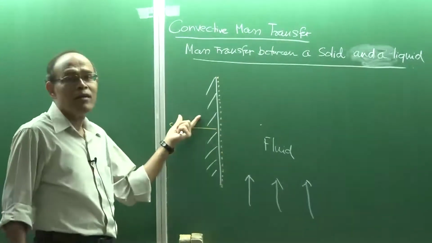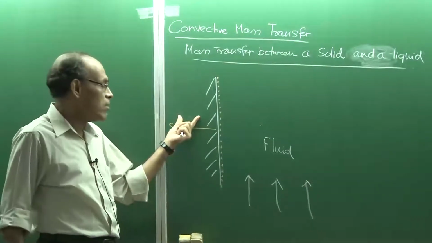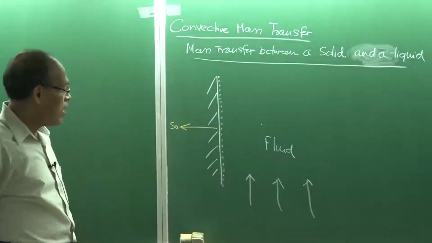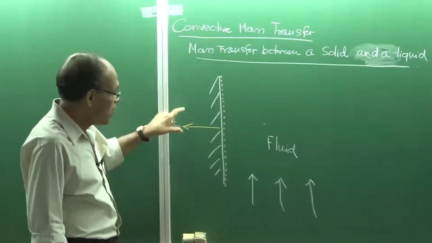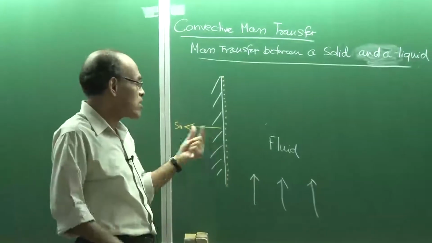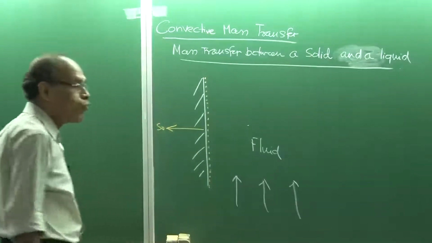Similarly, if you are adding carbon into iron to make steel, high carbon steel, or maybe pig iron, in that case the carbon may be in the solid phase, and then the liquid steel will flow past the carbon, and as a result the carbon will progressively get dissolved into the fluid.